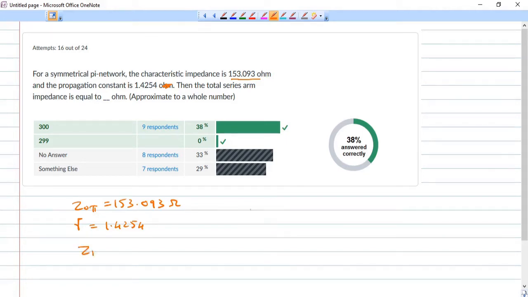So for a pi network, the total series arm impedance is Z1, and if the total shunt arm impedance is equal to Z2, so each of these should be equal to twice Z2. This is Z1.